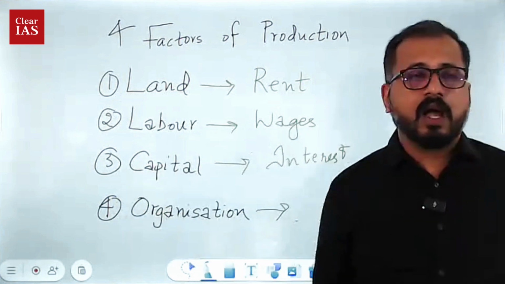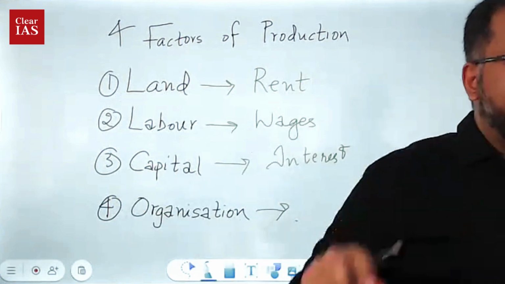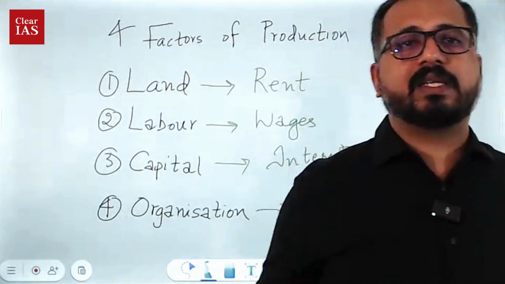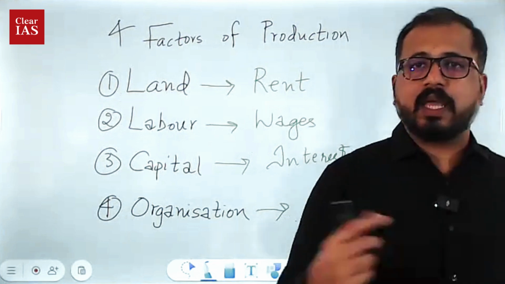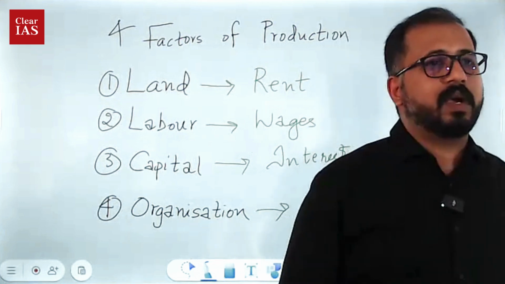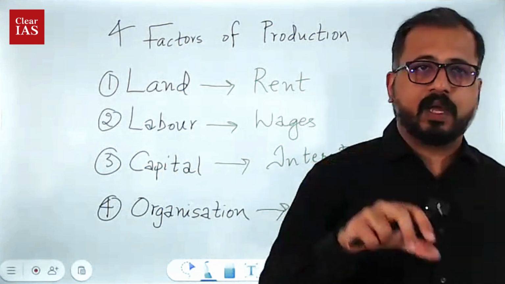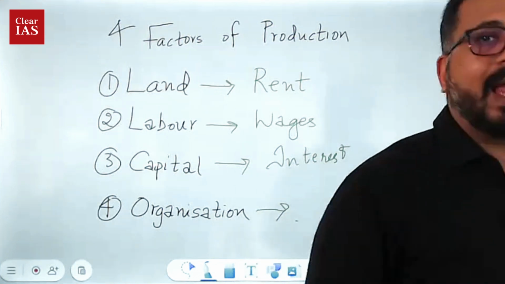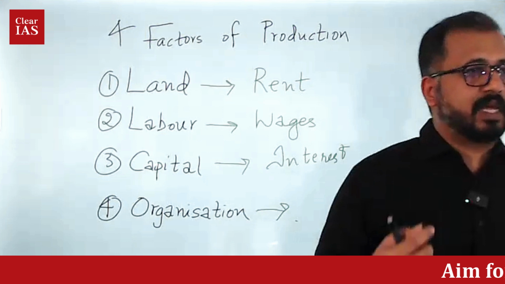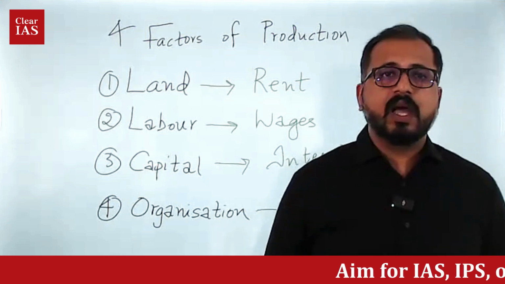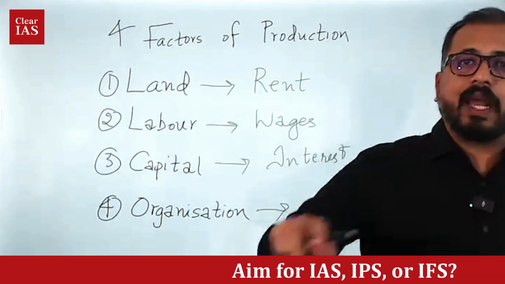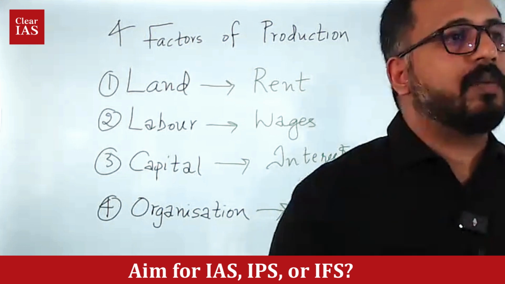Maybe somebody for ploughing the land, somebody for taking the weeds out of the land, somebody for irrigation, somebody to plant the seeds, somebody for harvesting. Different things are there. So the entrepreneur is the one who organizes everything and ensures that production happens.